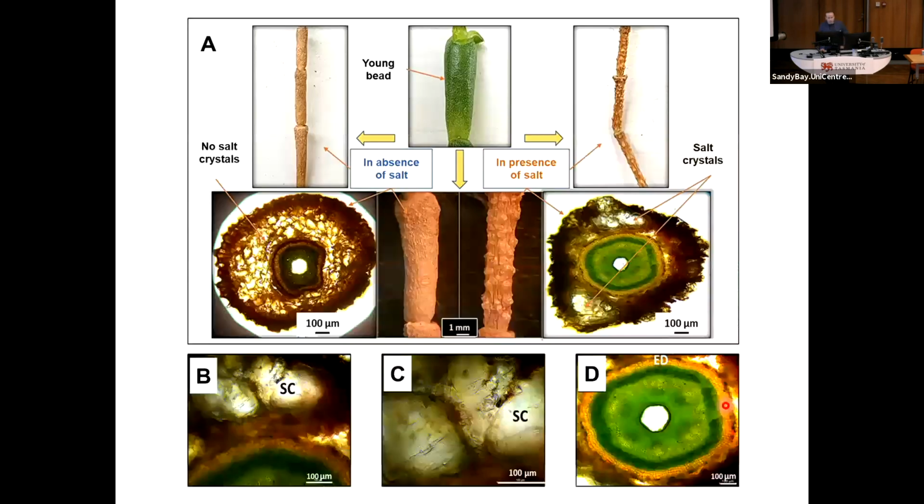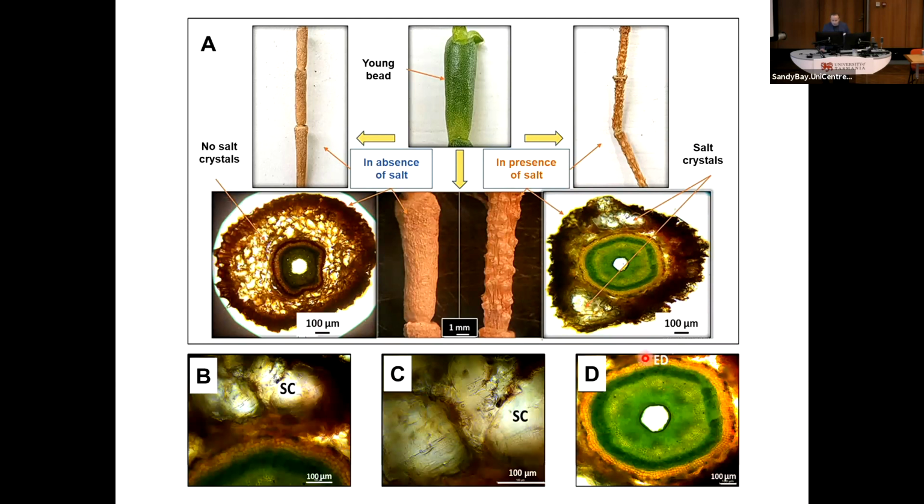Therefore, when we took the anatomical dissection of these dry looking beads, we found that salt crystals developed in the outer tissues in the presence of salt, but these salt crystals were absent in no salt treatments.